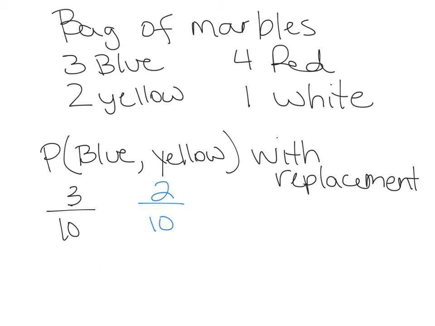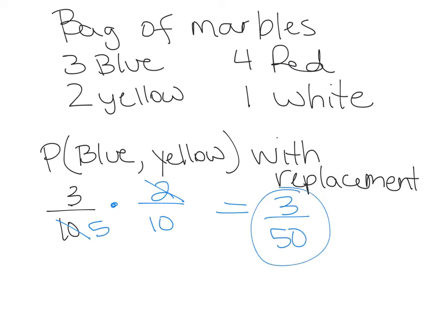So it is 2/10 of choosing a yellow marble. I'm going to multiply these two: 3/10 times 2/10, and I believe we get 3/50. So there's 3/50 probability of picking out a blue marble the first time and a yellow marble the second time, because we are replacing the original marble that we chose.